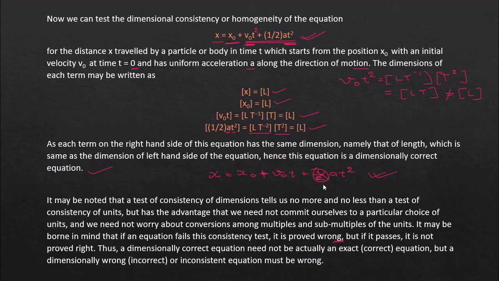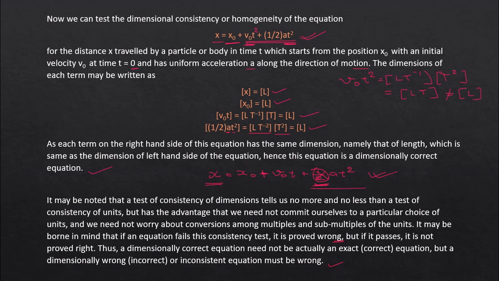But as you see, you will be getting double of this term because you have removed the half, so you will not be getting the correct position. Thus a dimensionally correct equation need not be an exactly correct equation, but a dimensionally wrong or inconsistent equation must be wrong.